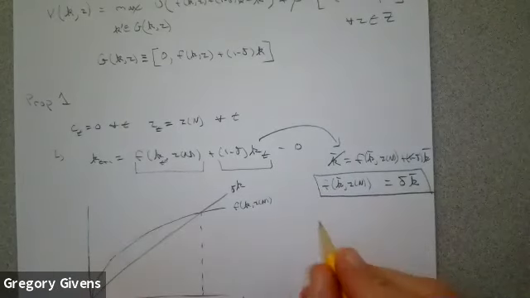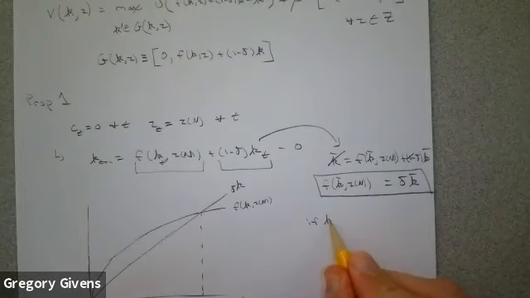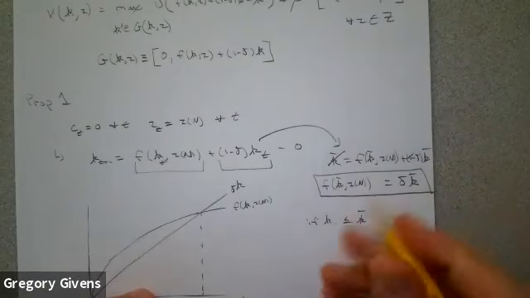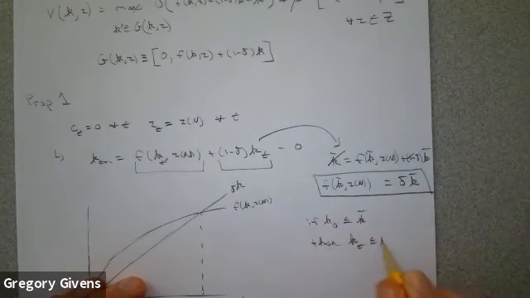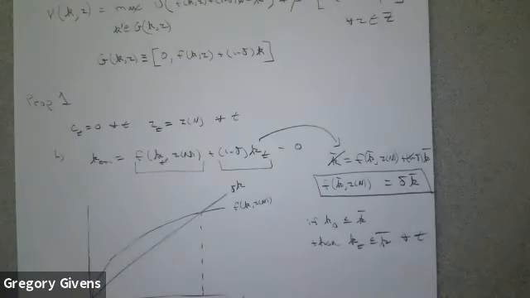Okay. Now, how did we argue this before? If K0 is less than or equal to K bar, then KT will be less than or equal to K bar for all T, correct? It's never possible then for the capital stock to exceed K bar.